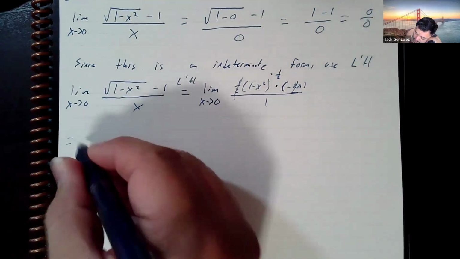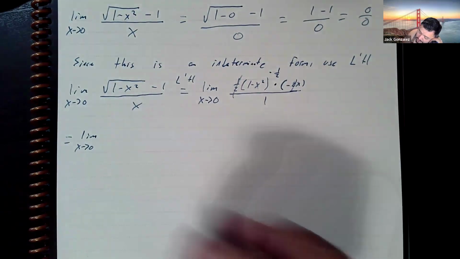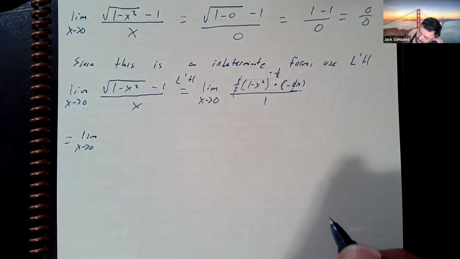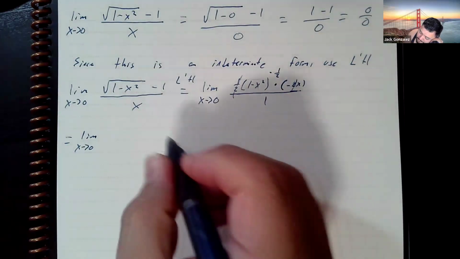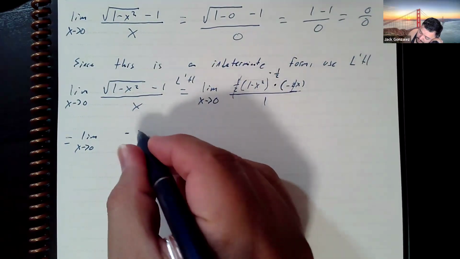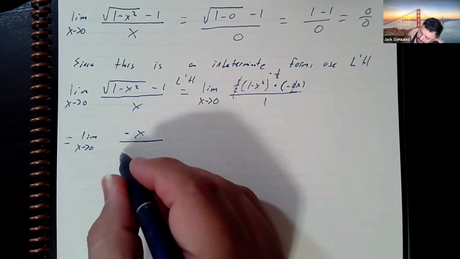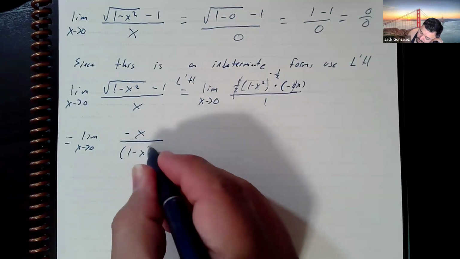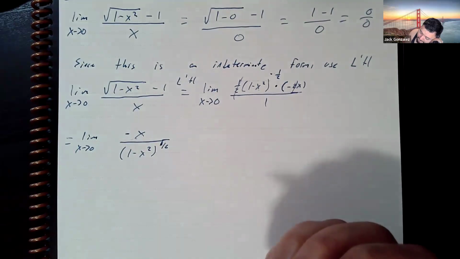So before I take the limit, let's try to make it pretty. Right now it's kind of disturbing. So negative x over 1 minus x squared to the 1/2. So I fix the negative power.